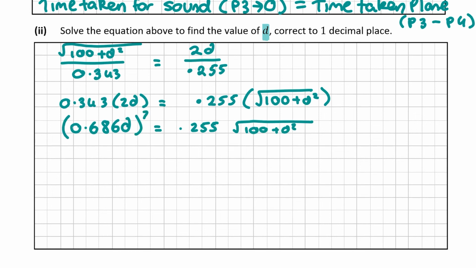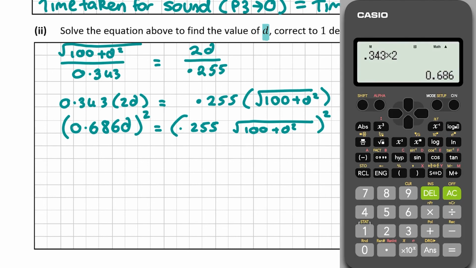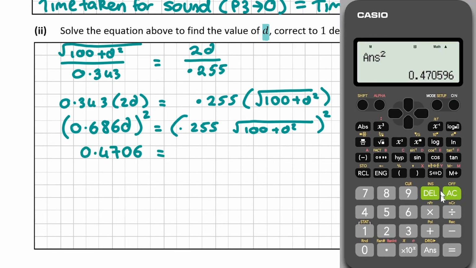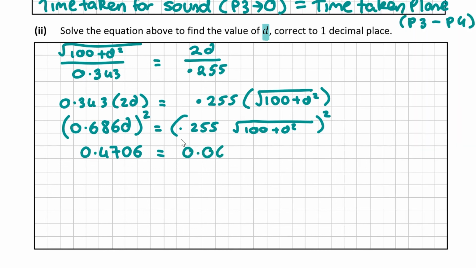So now let's square both sides. So the square of 0.686 is equal to 0.4706. The square of 0.255 will now work out as well, and that is 0.065. And then when we square a square root, we're just left with what's inside the square root, 100 plus d squared.